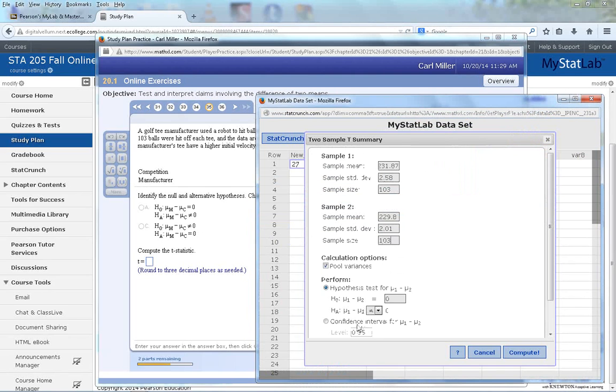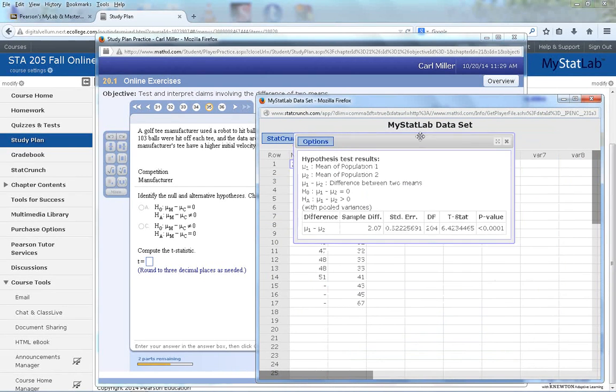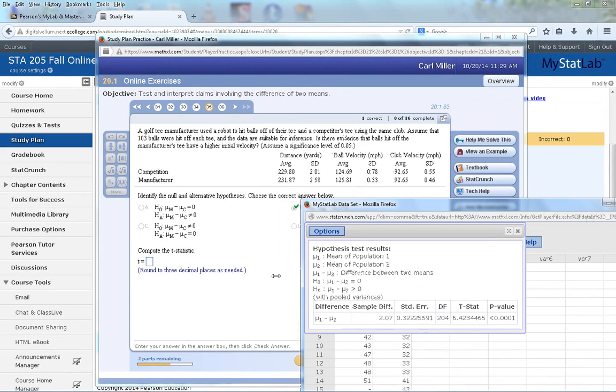Then I want to do a test where manufacturer minus competitor is positive, and then click compute. So that's going to give me my t-score and p-value. So round to 3 decimal places, so 6.423.